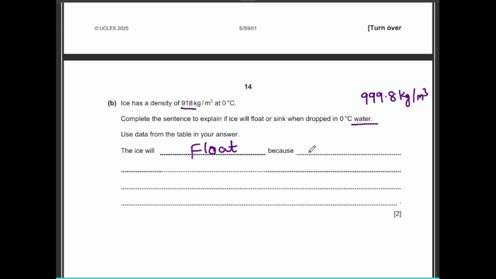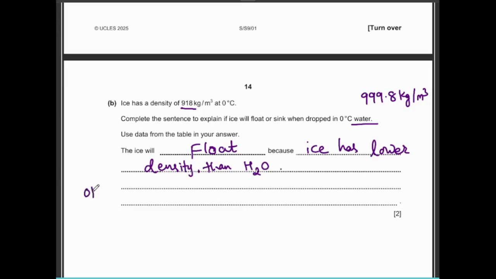So because ice has lower density than water, that's it. Ice has lower density than water.